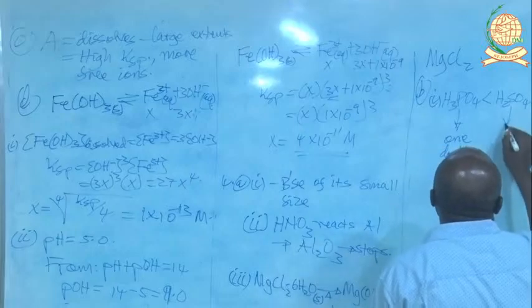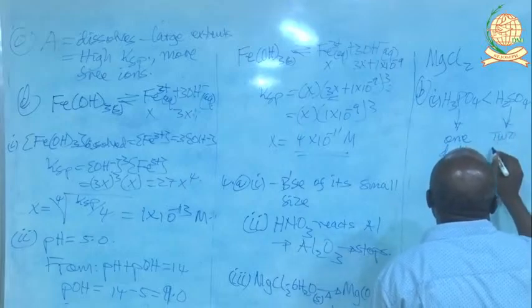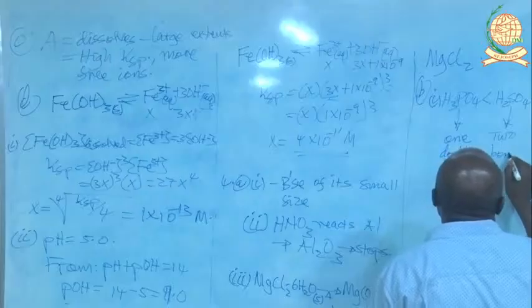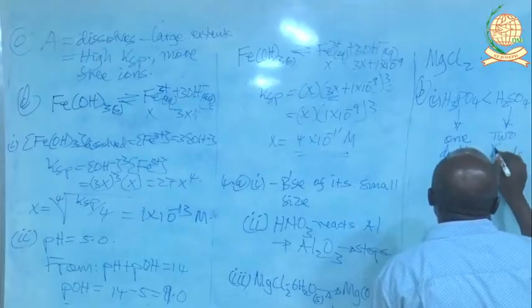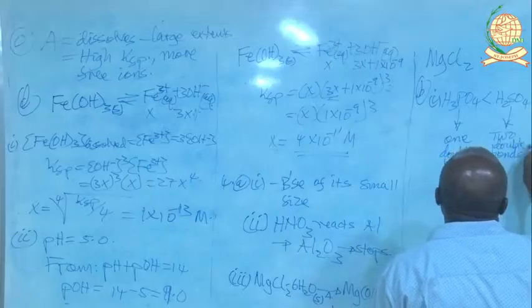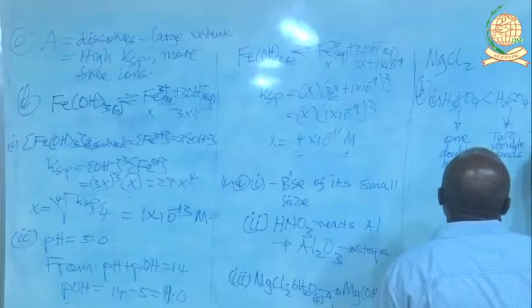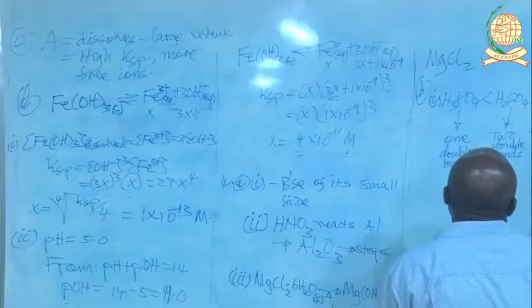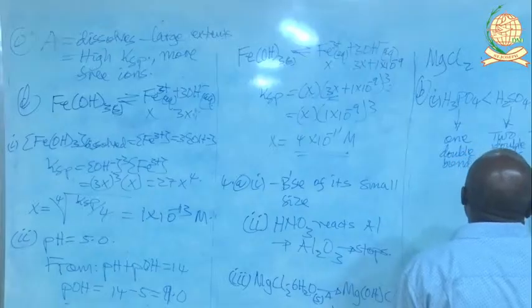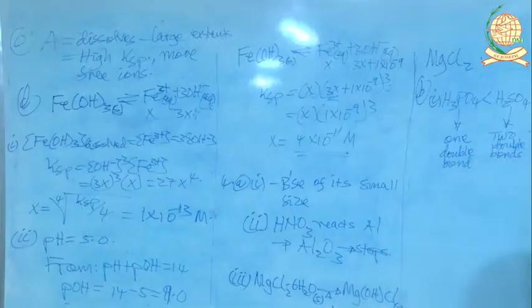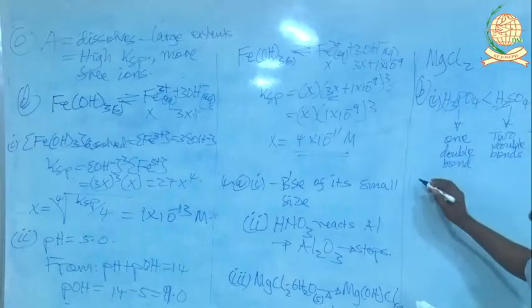This one has two double bonds, but this one carries three double bonds. Now, here we say that perchloric acid is stronger. It means it releases its hydrogen easily, followed by this one, and the final is phosphoric. So their structures determine their strength.